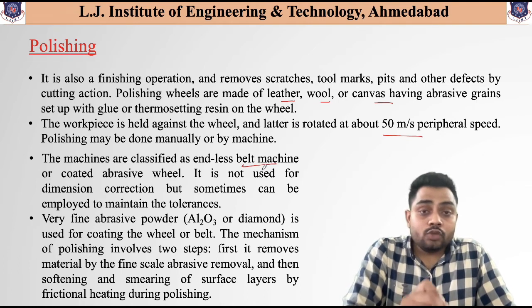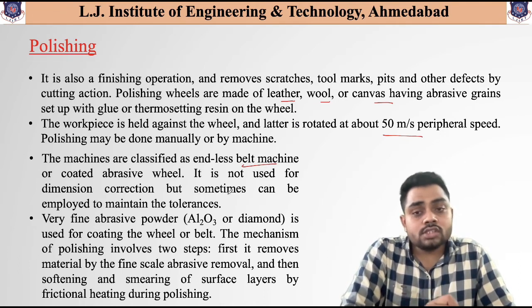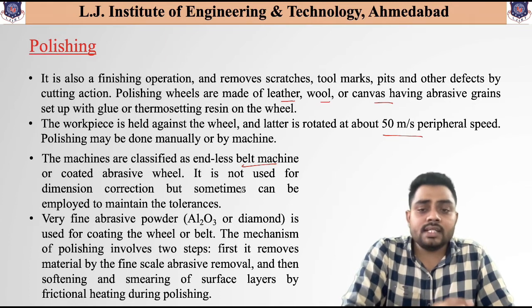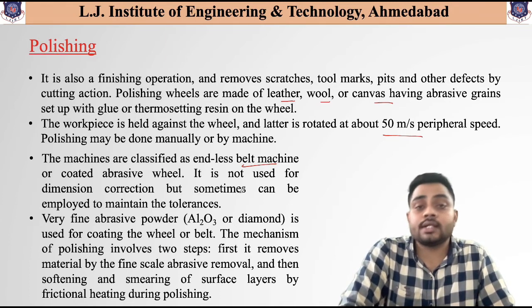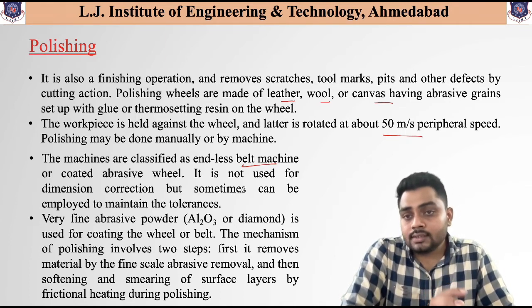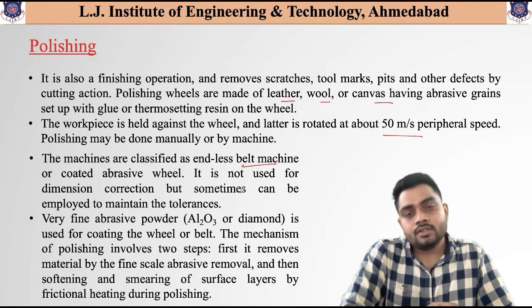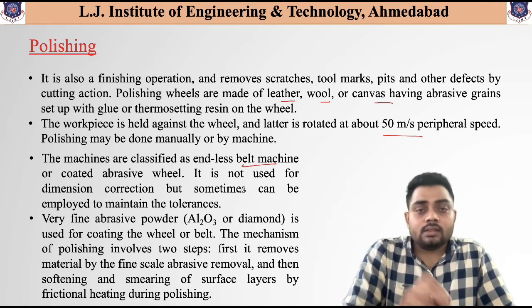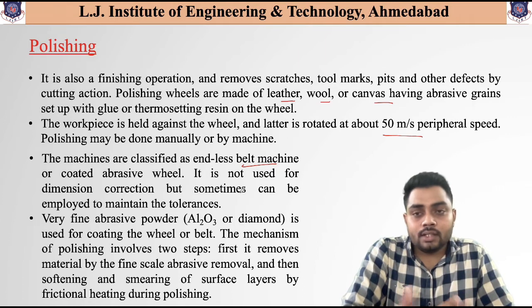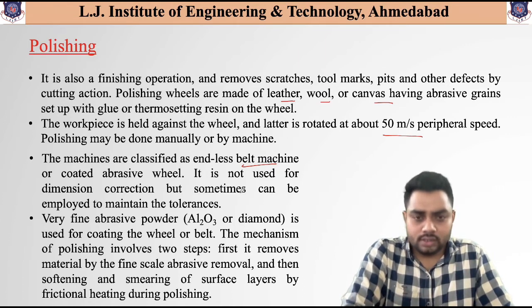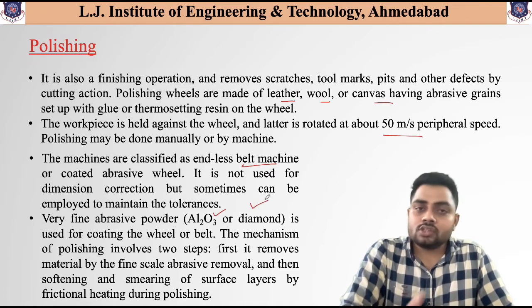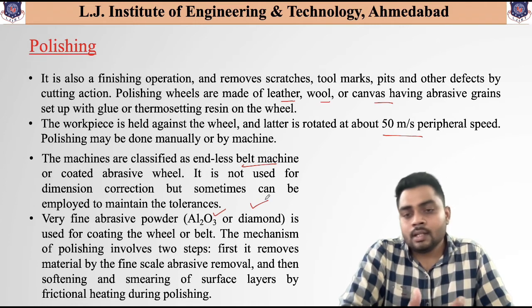But you need to understand that it is not used for dimension correction, though sometimes it can be used to maintain tolerances. That means to maintain tolerances this polishing process is helpful, but to maintain dimensional accuracy this process is not used. Mainly the abrasive particles used in polishing operations are alumina or diamond, but in most cases alumina is used as the abrasive material.